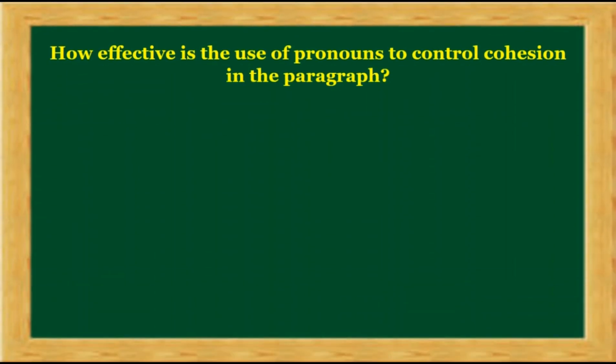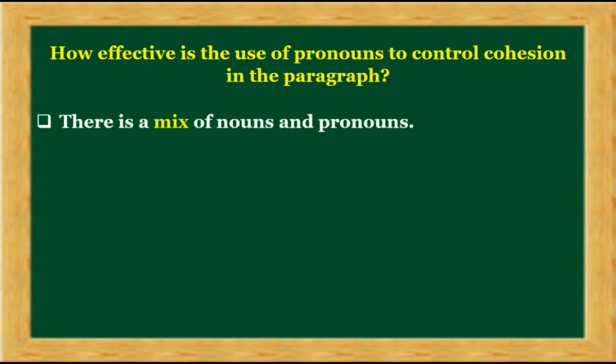How effective is the use of pronouns to control cohesion in sample paragraph 3? There are several reasons why sample paragraph 3 is cohesive and easy to understand. First, there is a mix of nouns and pronouns.